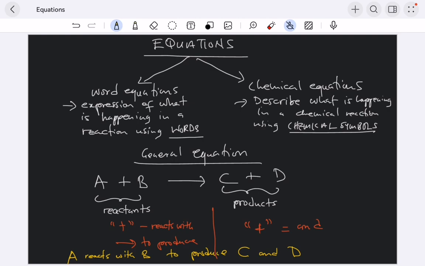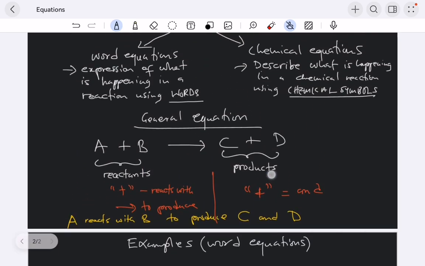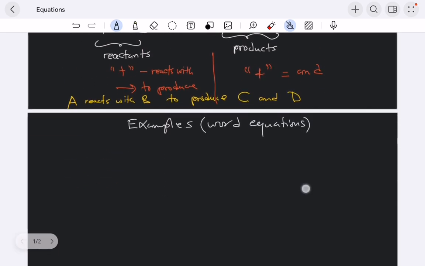Let's quickly go into examples of word equations. So remember, for word equations, we're just using words, but obviously sticking to this general equation.